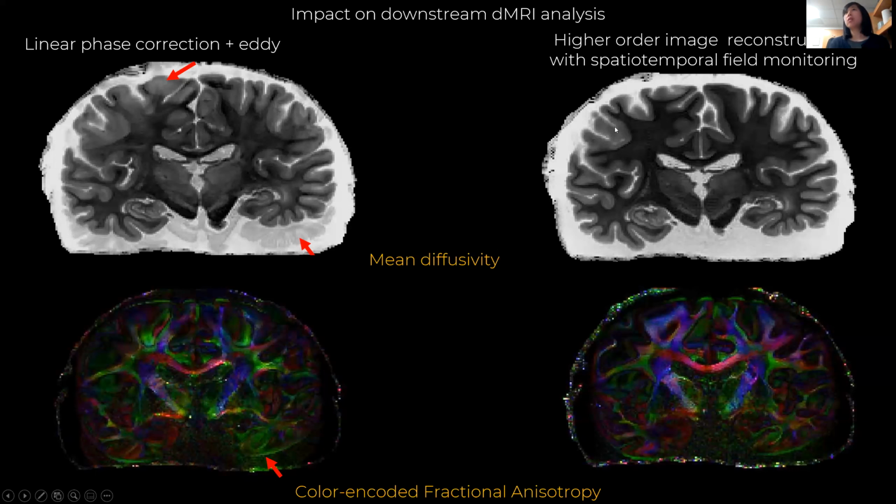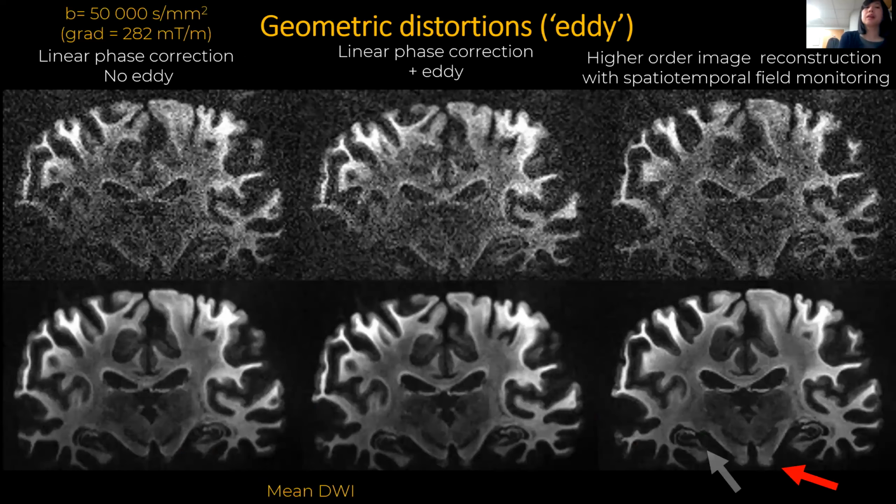With the higher order image reconstruction and the field camera monitoring, we're able to reconstruct much higher fidelity maps of mean diffusivity, FA, and more advanced diffusion models. We will be able to use this data more reliably.